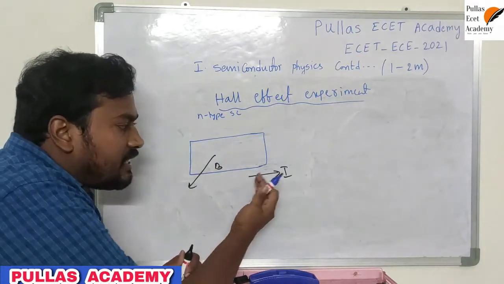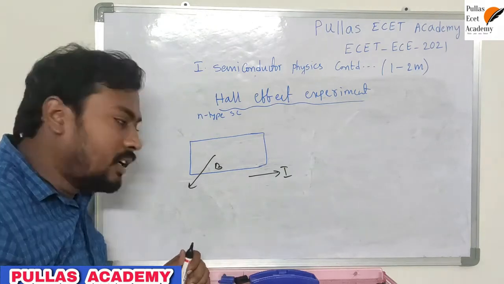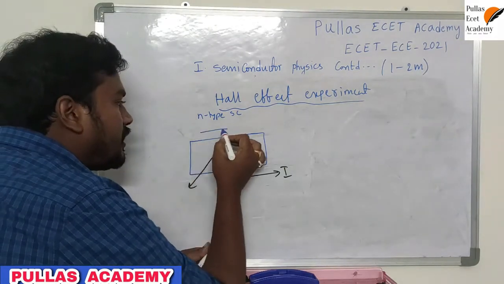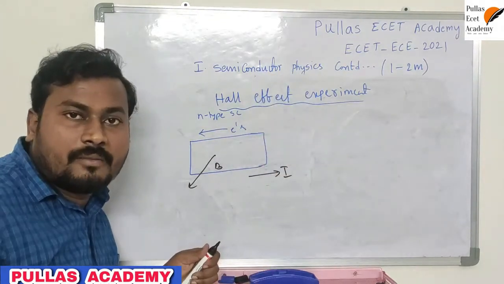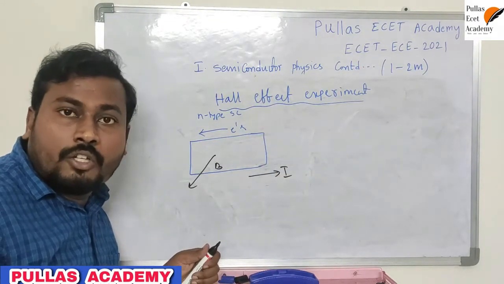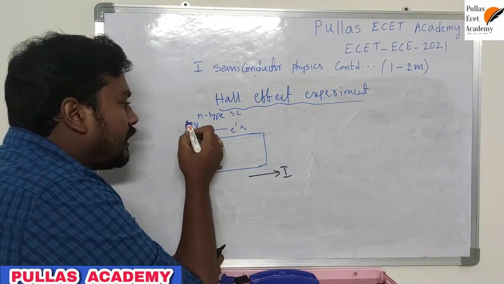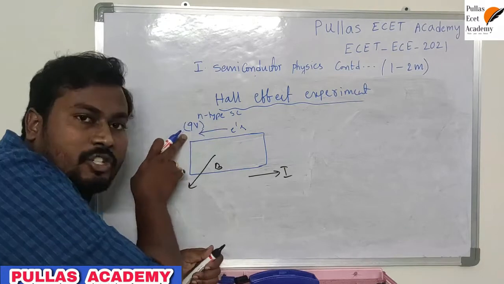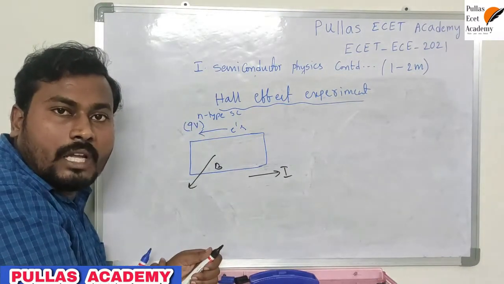If the current is in this direction, what is the direction of electrons? Very good, in the opposite direction. Electrons will be moving in the opposite direction. So what is the charge flow here? Q into V, where Q is the charge of the electron and V is the velocity of the electrons.